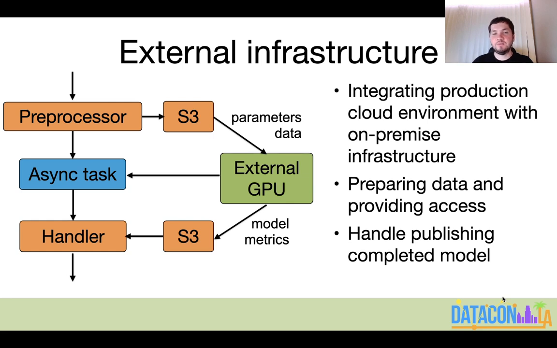And the external GPU will make requests to Step Functions and check if there are new tasks available. If a new task is available, it will download the data, train the model, upload the model to S3, and then report to Step Functions that the task is completed.